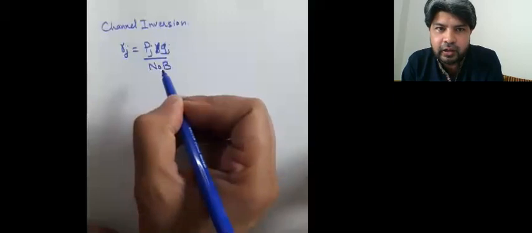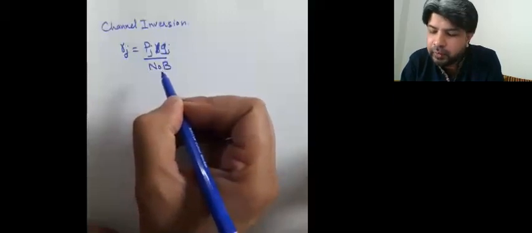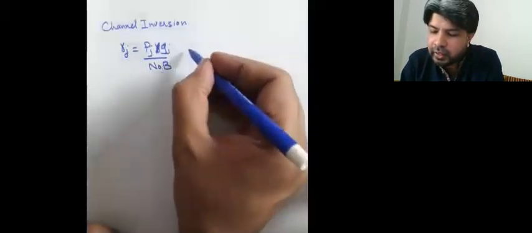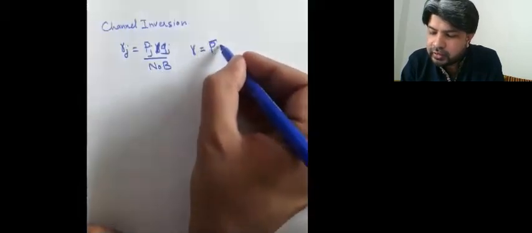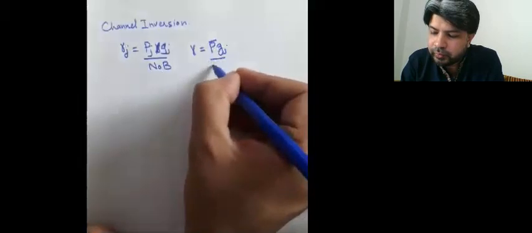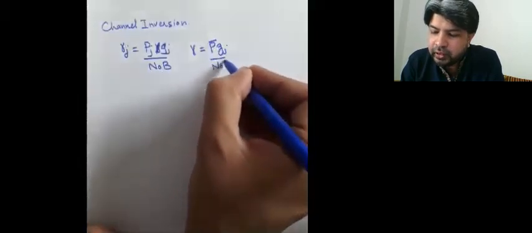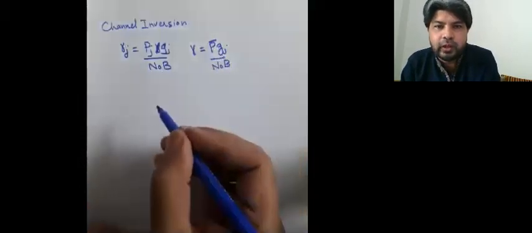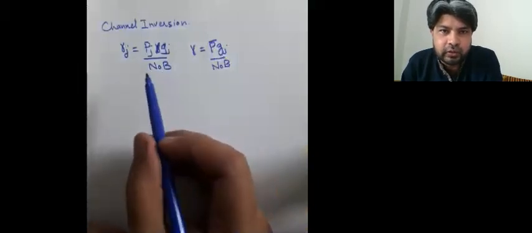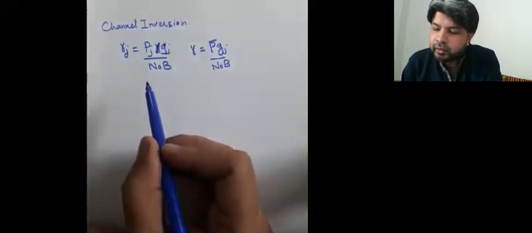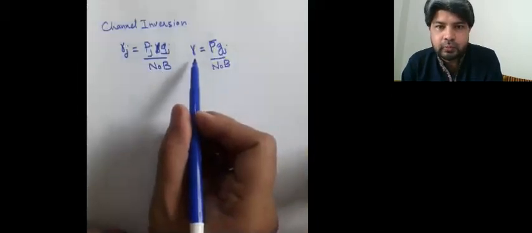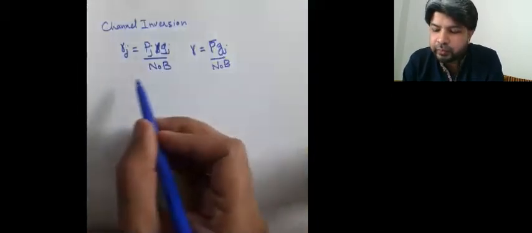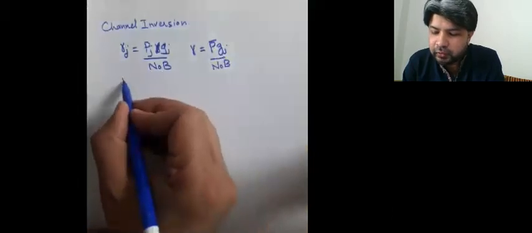And then we defined another variable gamma, and we said that let gamma be equal to P bar gj over N naught B. So it is related to the jth state of the channel, but when a constant power P bar is transmitted into the channel. And with the help of this new variable gamma, we said that we can define this gamma j in terms of this gamma.